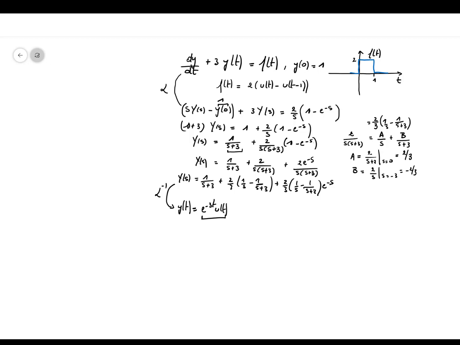Okay, so this was the 0 input response. So in French this is la réponse libre, and then we'll have 2/3 times (1 minus e to the minus 3t) u of t, right?